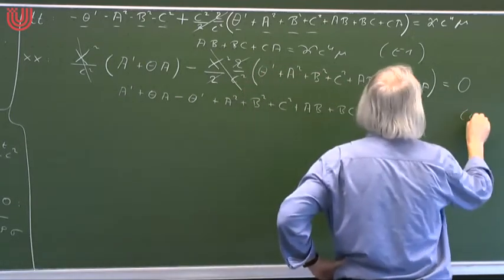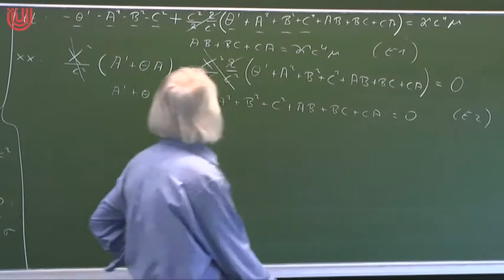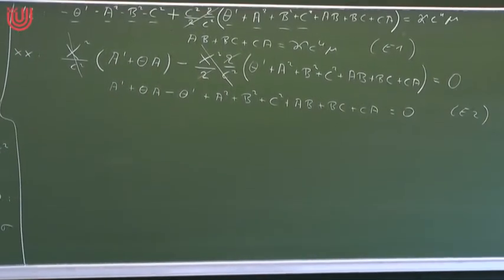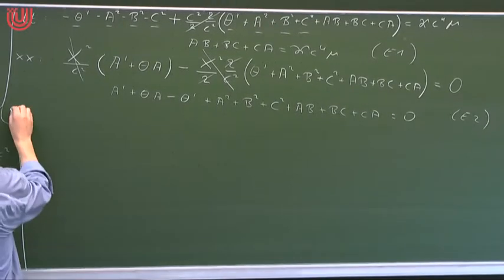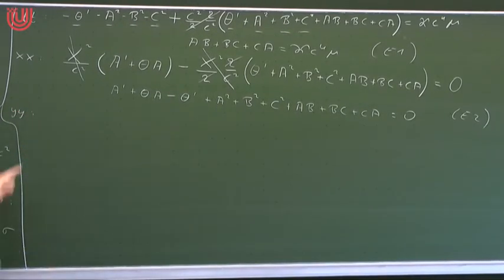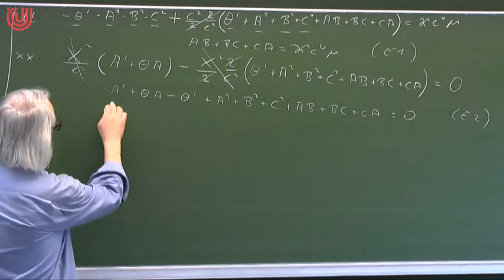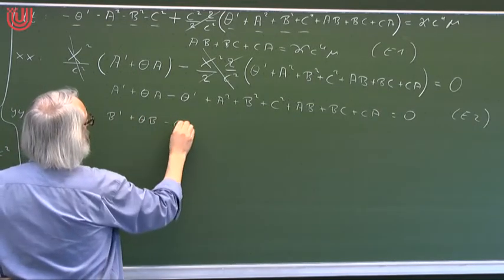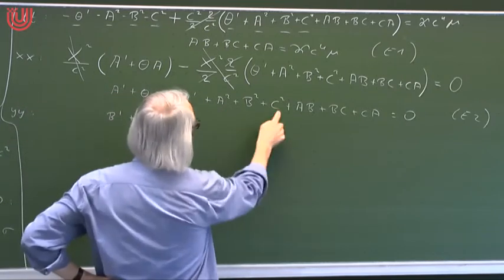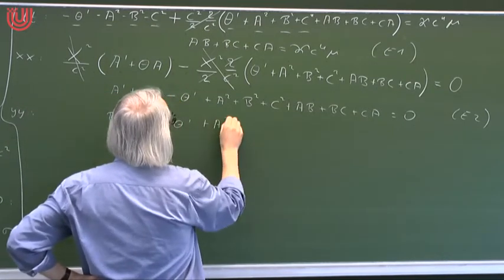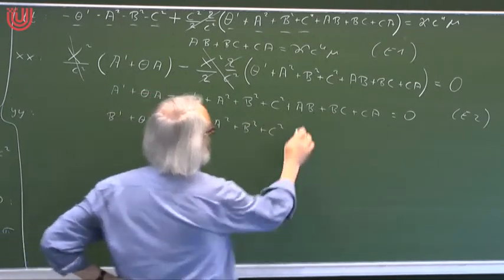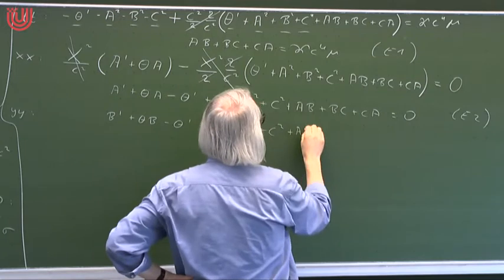And that's our second component of the field equation. Analogously for yy, I can do it just by cyclic permutation. So a becomes b, minus theta prime, and these three terms come again if I permute cyclically, and these three terms also come again.